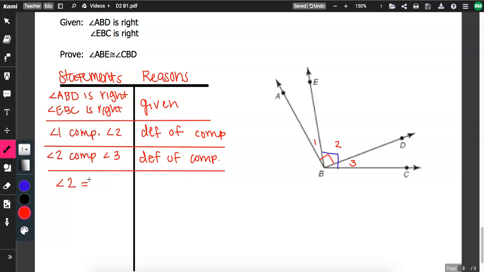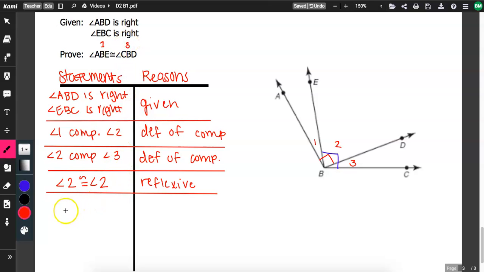Angle 2 is congruent to angle 2. And this is from our reflexive property we talked about yesterday. Because my goal here is to show angle ABE, so that was angle 1, is congruent to angle CBD, which is angle 3.